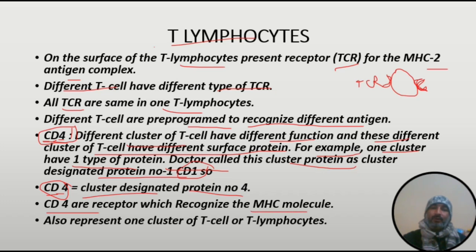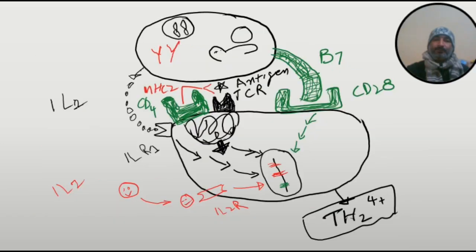That's a very important point: the MHC2 molecules, presented by the macrophages with the antigen complex, bind with the CD4 receptor of the T lymphocyte and the TCR of the T lymphocyte. Don't worry, we have a diagram here.